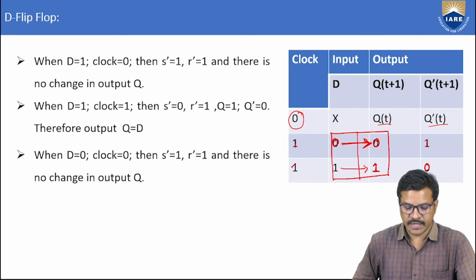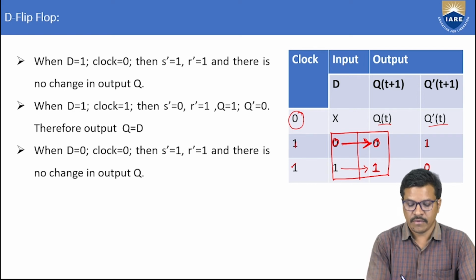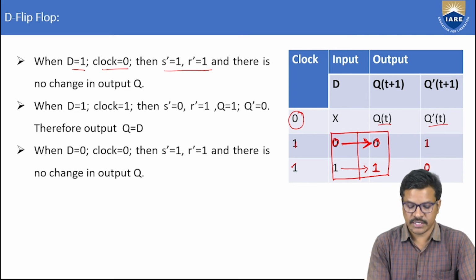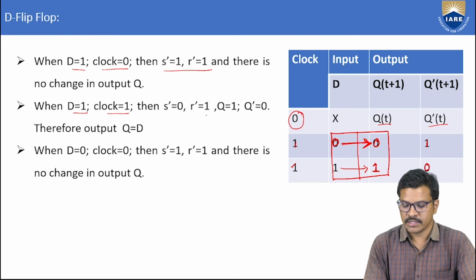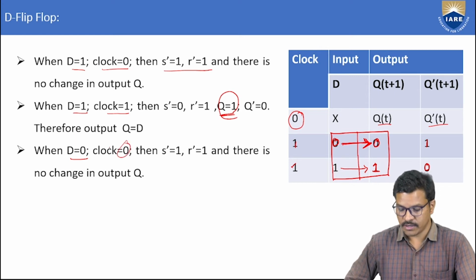These are the different conditions, different cases in the D flip-flop. D is equal to 1 when clock is 0: we'll get the unchanged condition, no change condition. D is equal to 1, clock 1: it means set of the output. Whenever clock is 0, automatically S is 1 and R is 1, so there will be no change in the output.